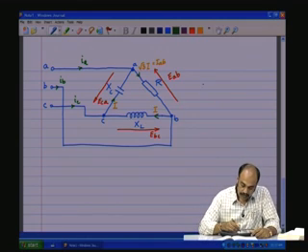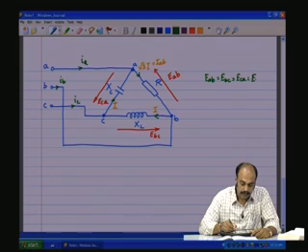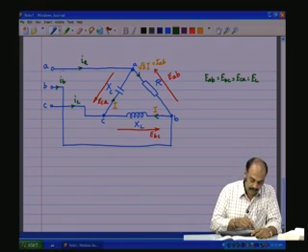The effective values EAB equal EBC equal ECA equal E line, for a balanced source which is applied.